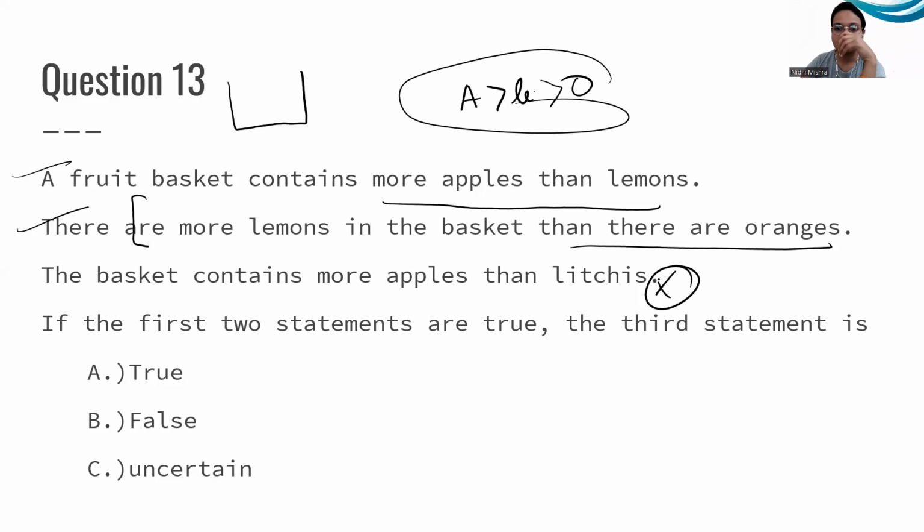So I can't predict this, since there is no information about lychees. This is uncertain. Not true, not false. This type of question is very important. Students mostly get confused or hit the wrong answer, so please be very careful. You have to solve this question based on the information given only. Be very clear about this.